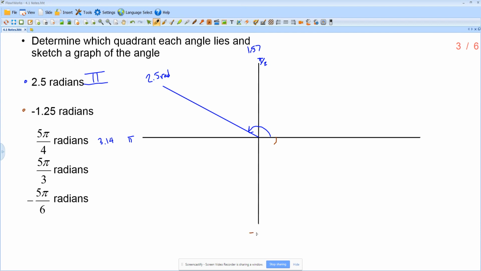This wouldn't be negative 1.57 since I'm going in the negative direction, and negative 1.25 is smaller than that, or larger if you are thinking about the negative, but I'm thinking about the absolute value. So negative 1.25, again, the negative telling me direction, the 1.25 telling me the openness of that angle. This is in the fourth quadrant.